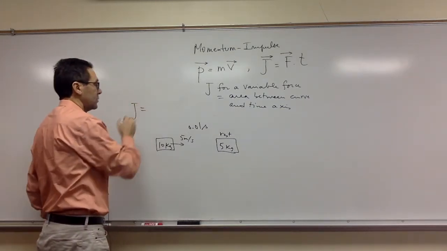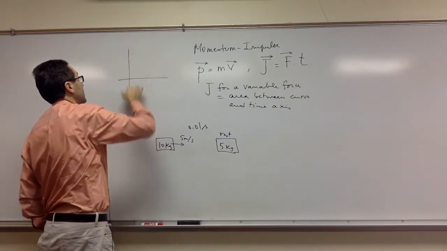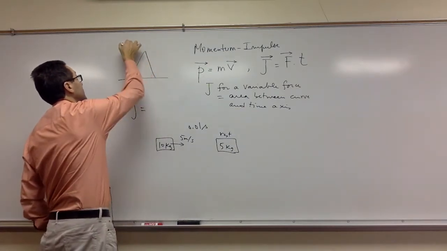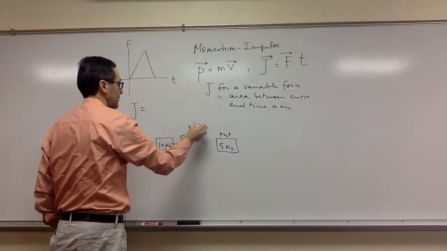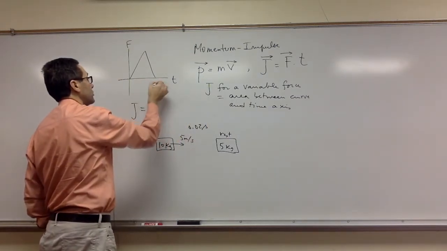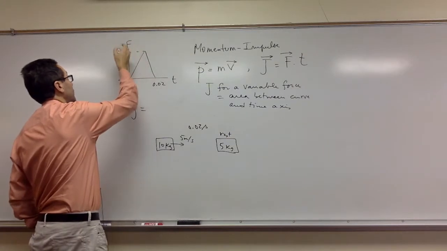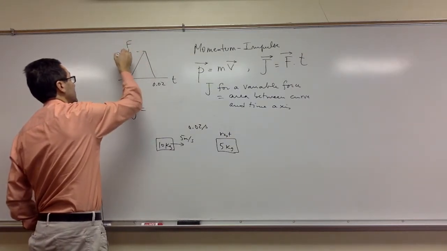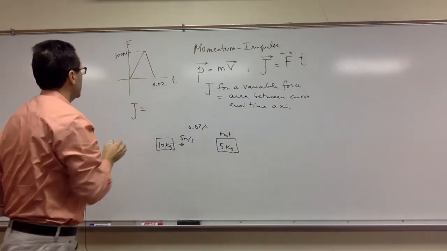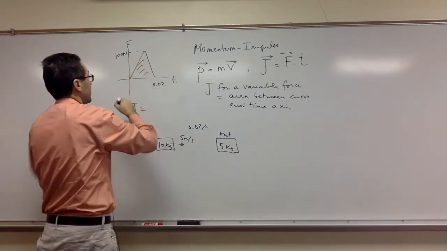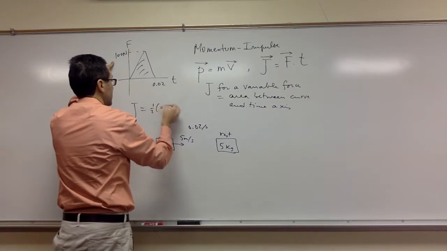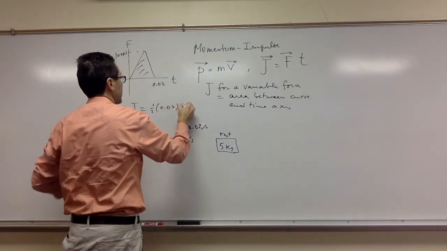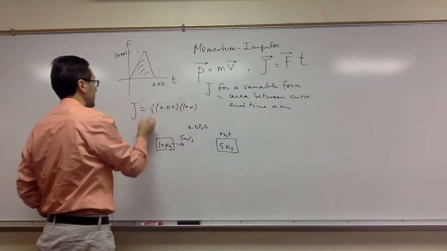So J equals, and I have a graph here for the force, F versus t. I'll make it easier so that I can divide: it lasts 0.02 seconds and a force of 100 newtons, right? So J is going to be basically this area here, which is 1/2 base times the height, assuming that's a triangle.